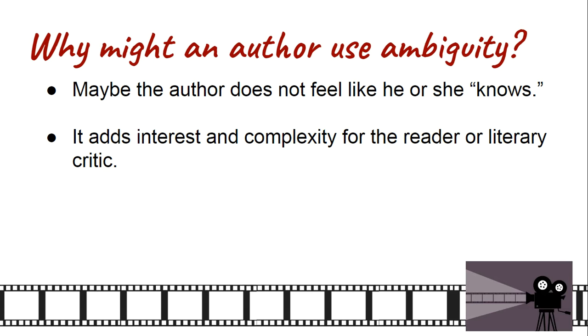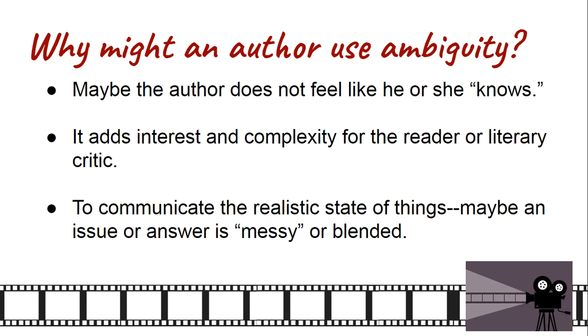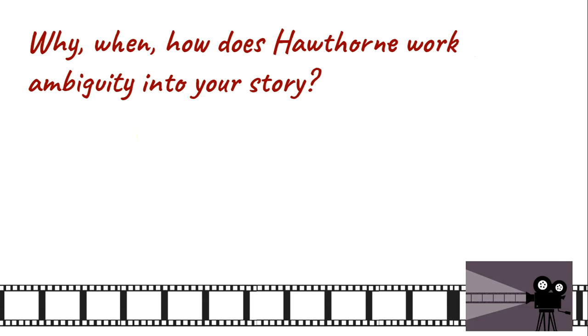An author might add ambiguity just for interest for the reader, especially in literary circles. Sometimes ambiguity communicates the realistic state of things. So maybe an issue or an answer is messy, it's not clear, it's not cut and dry. And so to write a story where it's not clear and cut and dry is what the author is trying to do, just to say this is reality.